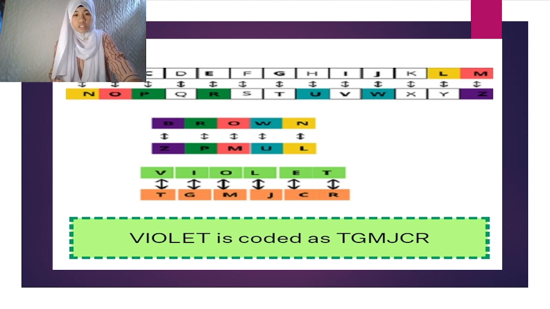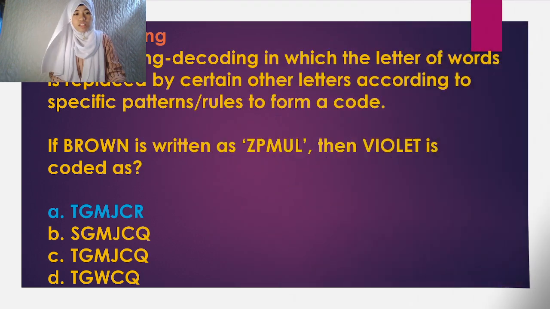Similarly, R is coded as P, O is coded as N, W is coded as U, and N is coded as L. So VIOLET is coded as T, G, M, J, R, C. So our answer is letter A.